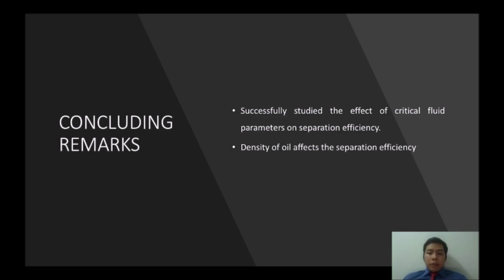Mainly what affects the separation is the density of the oil, which has an effect of 78.7% on the separation efficiency, and thus the higher the difference between the oil and water density, the higher the separation efficiency. Thank you, that's all from us.